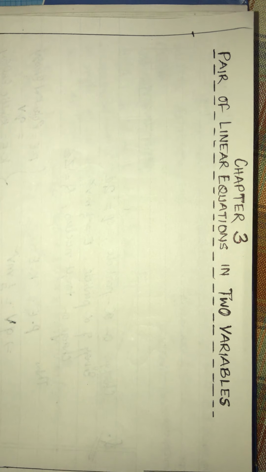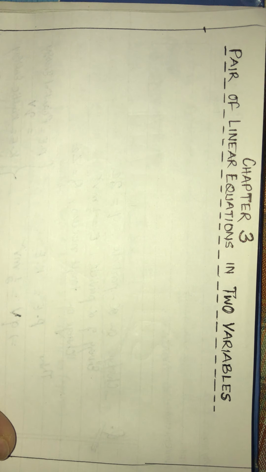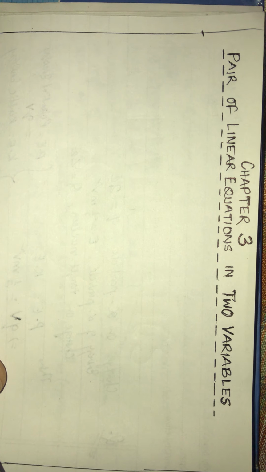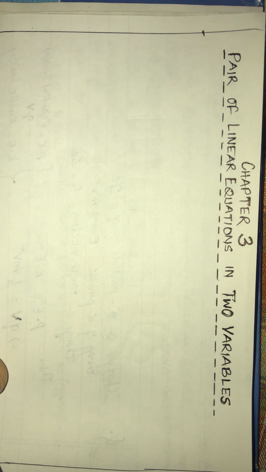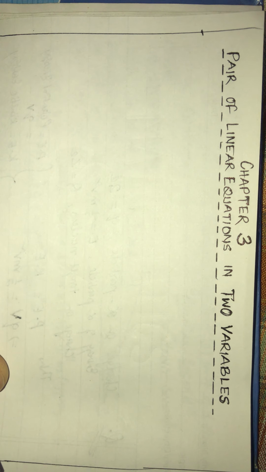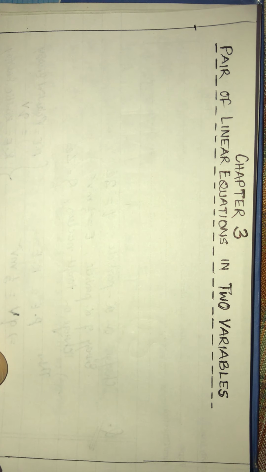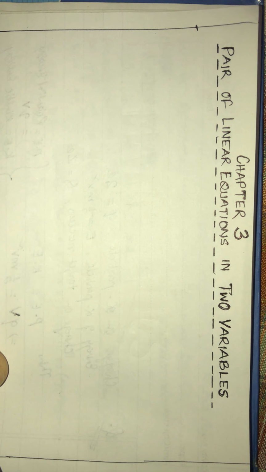I just want to quickly revise what you did in class 9. Quickly we'll see the main concept of linear equation in two variable. Even the definition we'll see here, and then we'll go for the pair of linear equation in two variable. So we will learn what is new in this chapter or in class 10.